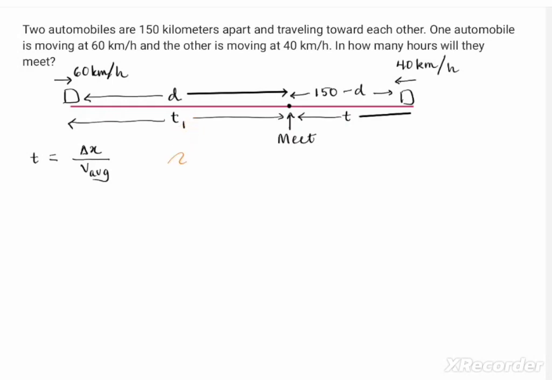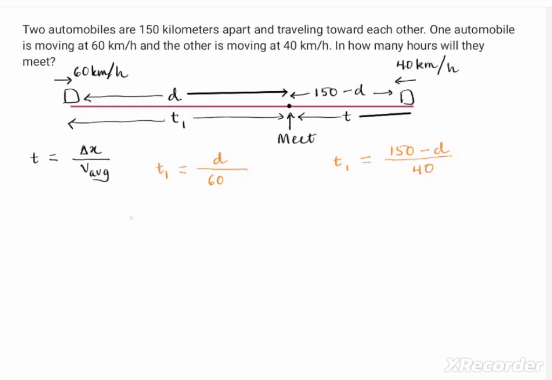For the first one, you have t1, which gives us a d distance because it traveled a d displacement, and then the average is 60. And for the second one, we have the same t1, we have the displacement of 150 minus d divided by 40 kilometers per hour.